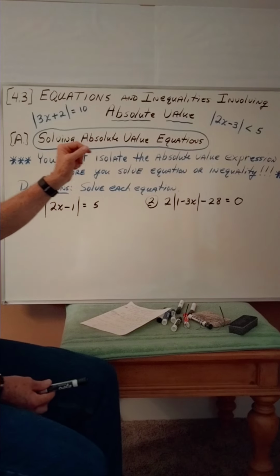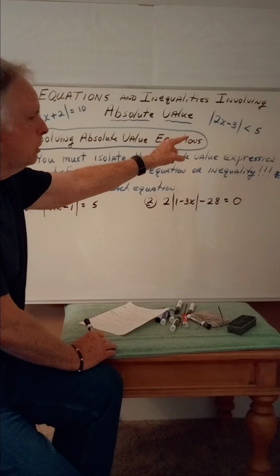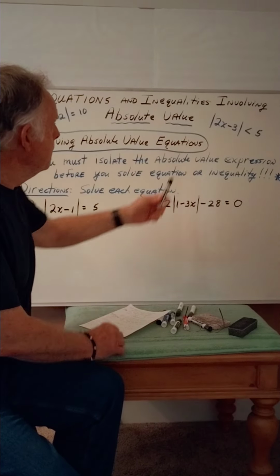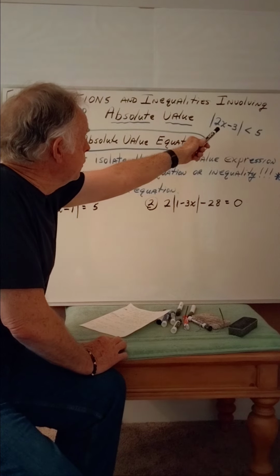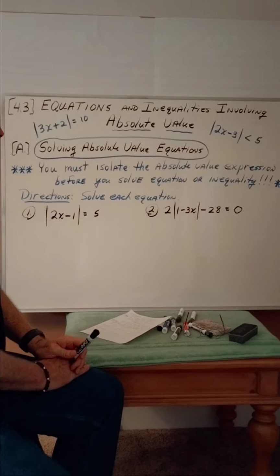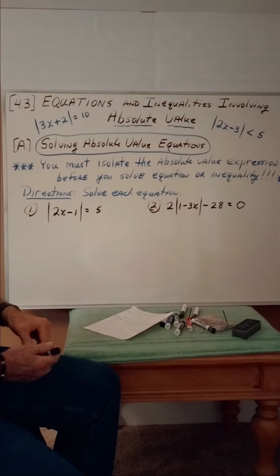And later on in 4.3, when we come to solving inequalities that deal with absolute value, this one over here on the other side is an example of an absolute value inequality that we'll be dealing with.